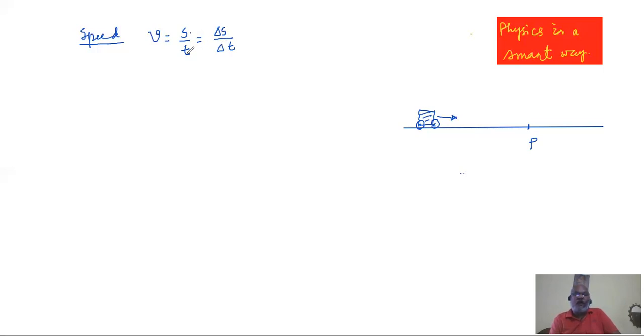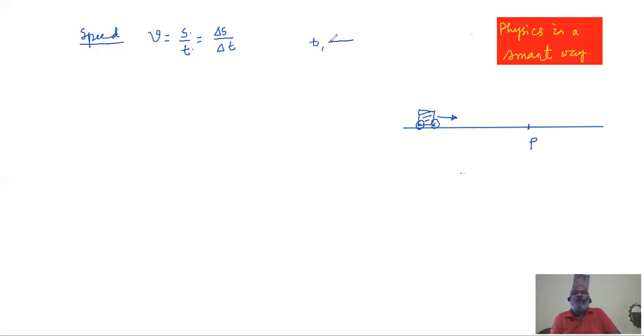Similarly, when you take t, when the motion of the body starts, you have to switch your stopwatch on. But when you say delta t, the stopwatch may have been running some time before. When the event occurs, or the body starts to move, we take note of the time, that is t1.